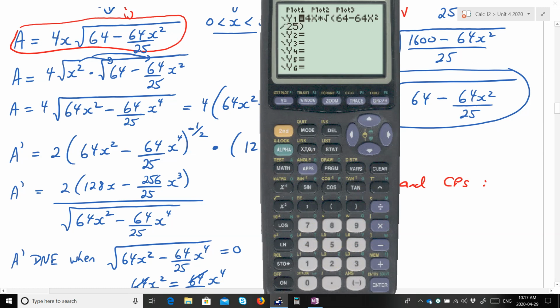I think that would be okay to do it like that. Let's make x between 0 and 5. Let's see if that helps us. Okay, so it's a little bit higher than that.